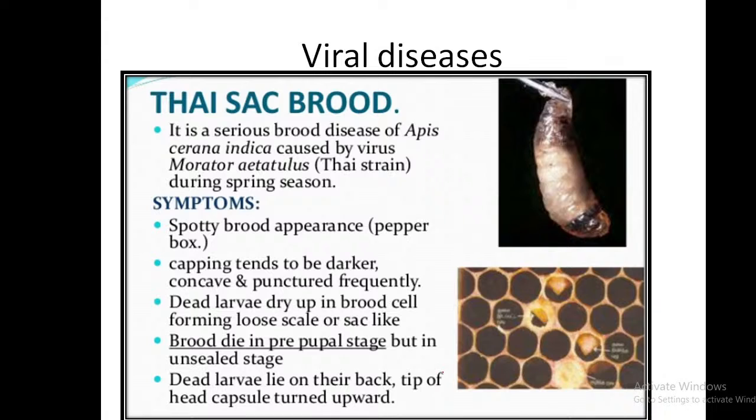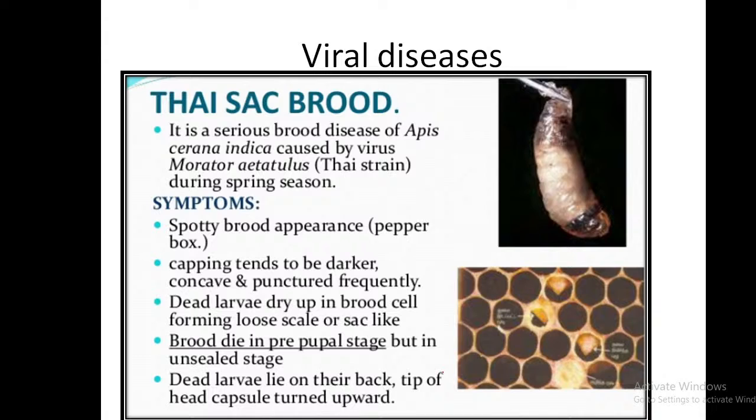Now let's see the viral diseases. The viral diseases are very dangerous compared to the other types of disease. We have learned about bacterial diseases, protozoan diseases, and the external parasites such as mites.